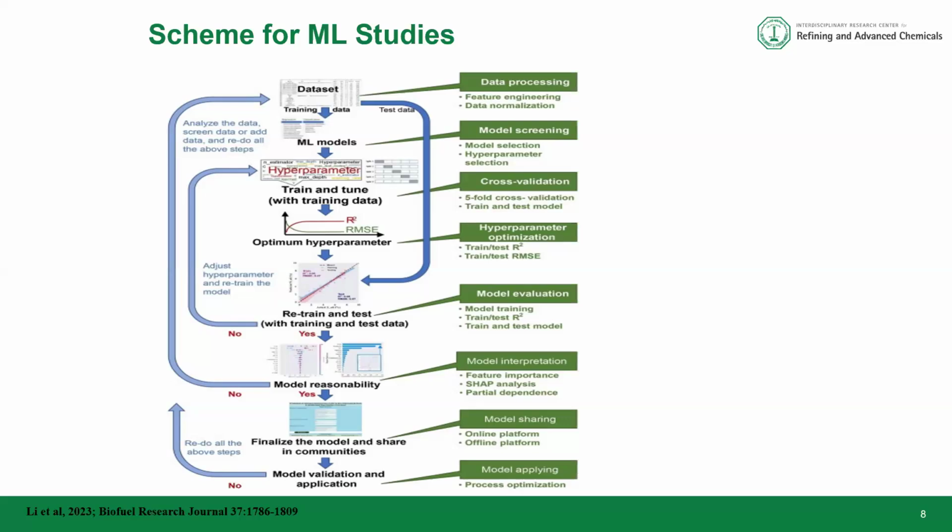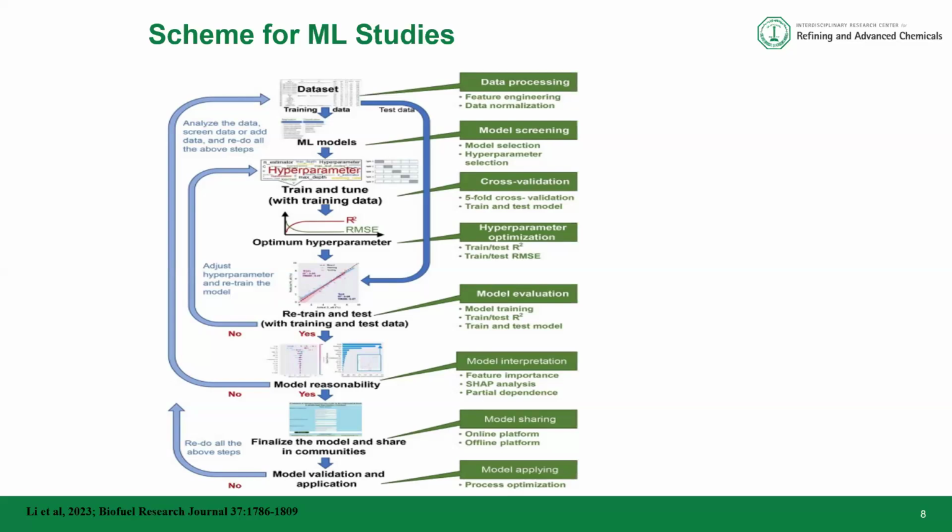And then once the model is trained, you apply the model on your unknown data, which is mainly the test data. And then you, of course, see the R square value, the root mean square error value, and other things.